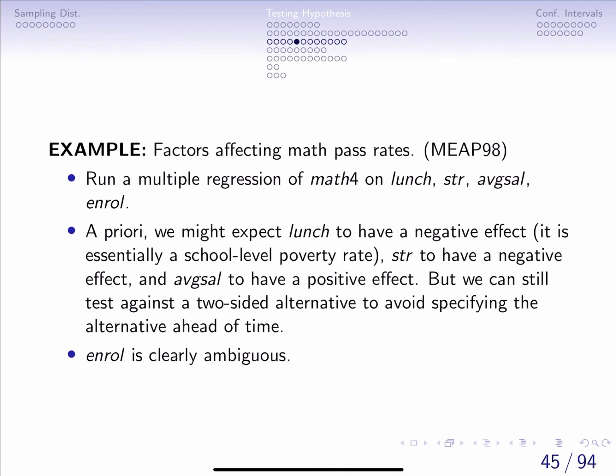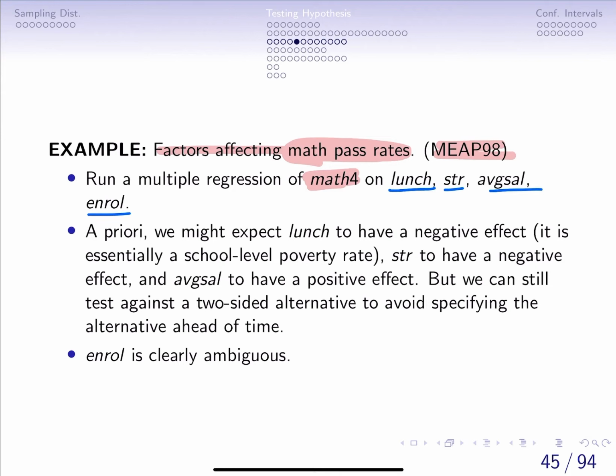We can also use another example to explain this. Let's say we were interested in looking at the factors that affect the pass rates in the math class. This is the data set, and you can try to study it at home and run these regressions. Let's say we were running a multiple regression of math 4 on these variables: lunch, student teacher ratio, average salary, and enrollments.